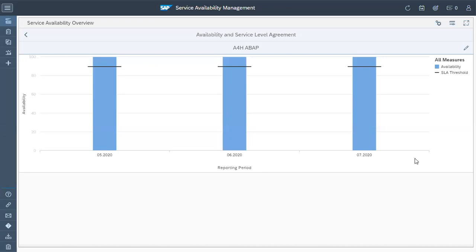Related to service availability management, I got one feedback, or you can say a comment, asking how service availability management is related to system monitoring, and which metrics are responsible for reporting availability in service availability management.